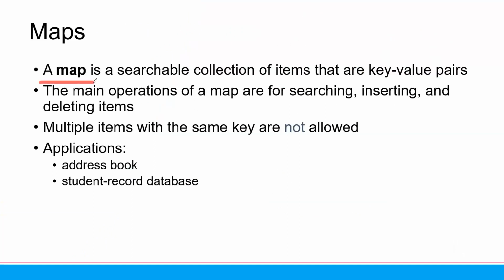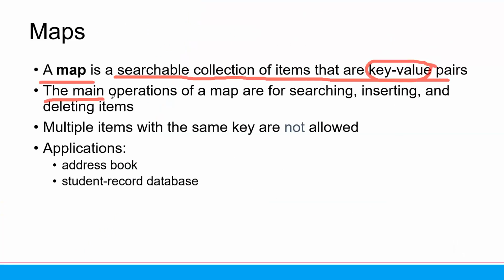Instead of dictionary, we can also use map. Map and dictionary are actually the same keyword. A map is a searchable collection of key-value items. We have key and we have value.